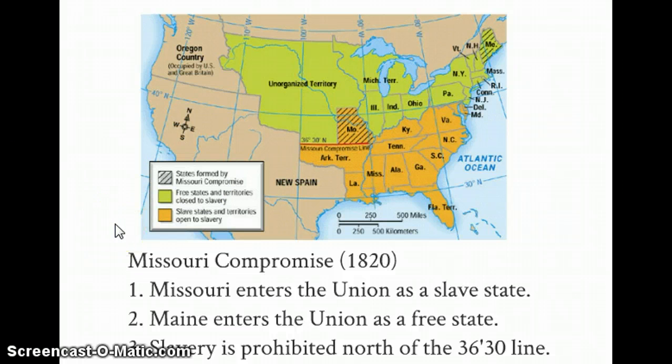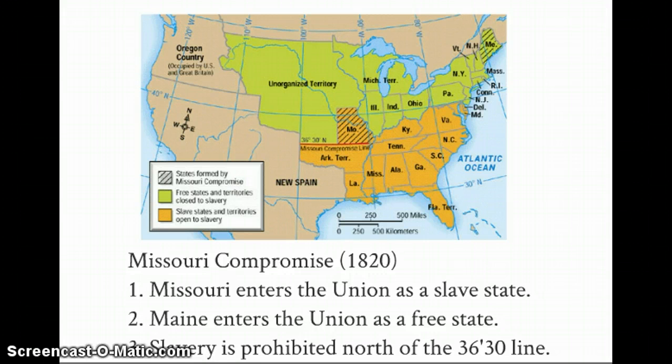It was important that Missouri and Maine be brought into the Union at the same time together, meaning one free state and one slave state, because at this point in time, the United States had the same number of slave states and free states, which meant that neither side in Congress had an advantage over the other. In the Senate, the number of free state senators and slave state senators were exactly the same.